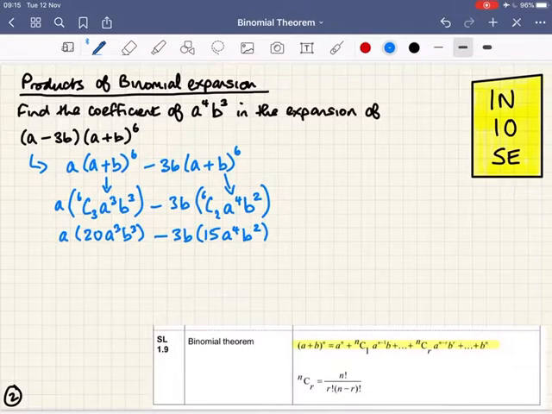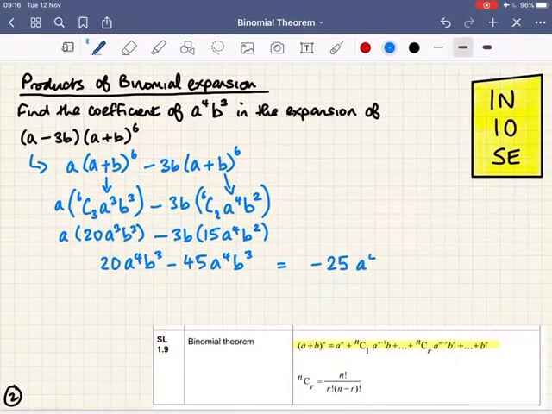Multiplying all of that out, I end up with 20 a to the 4b3 minus 45 a to the 4b3, which gives me negative 25 a to the 4b3. So my coefficient, remember the question asks me for the coefficient, is minus 25 there.